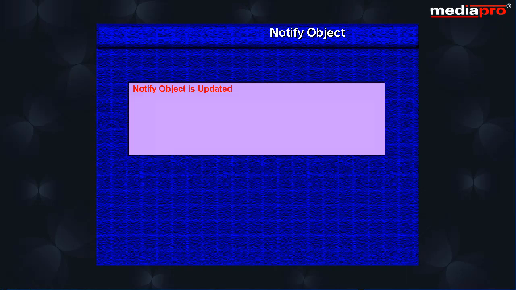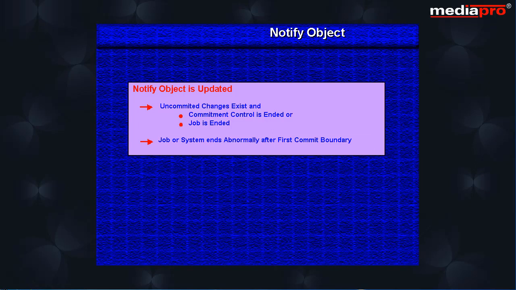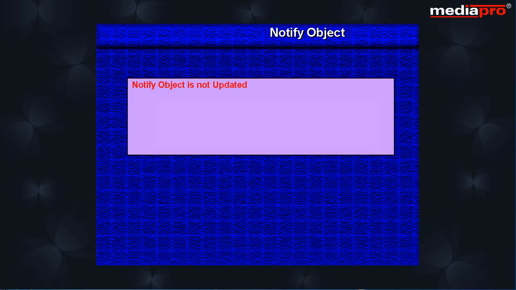A notify object is automatically updated under the following circumstances. When uncommitted changes exist in the journal and commitment control is ended normally through the use of the end commitment control statement or a normal end of job occurs. If either the job or the system ends abnormally after the first commit boundary, the notify object will not get updated.